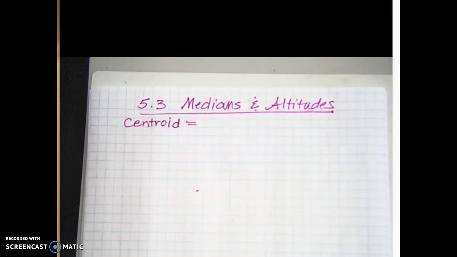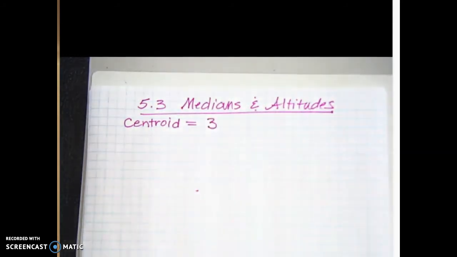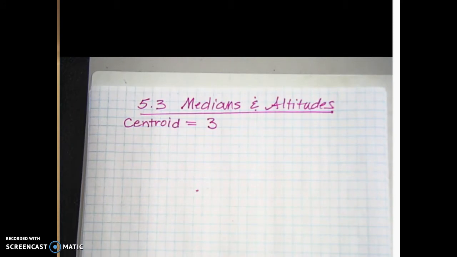So the centroid is going to be a point where the three of which segments are drawn. Look on your chart and see which one it is.